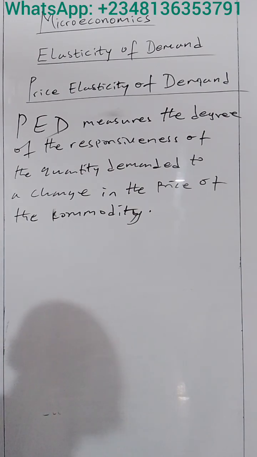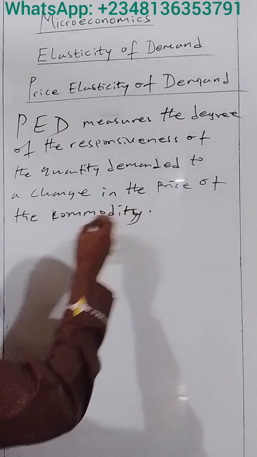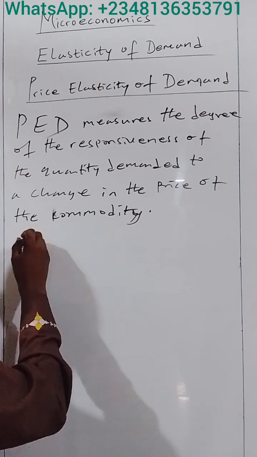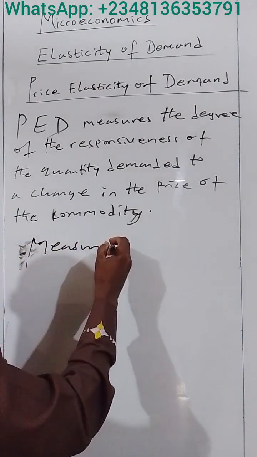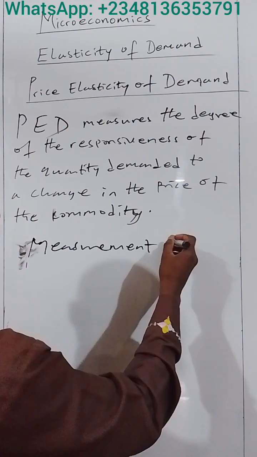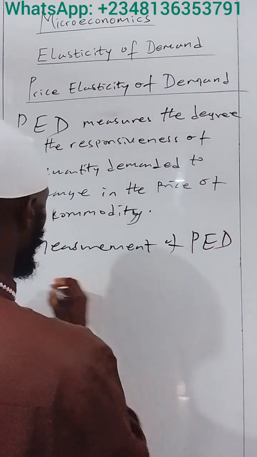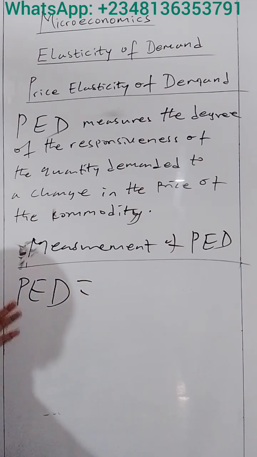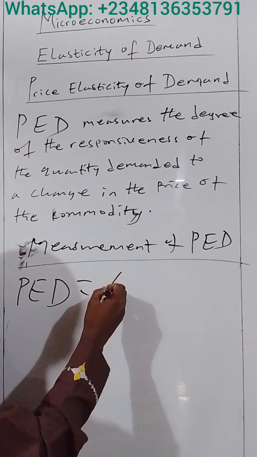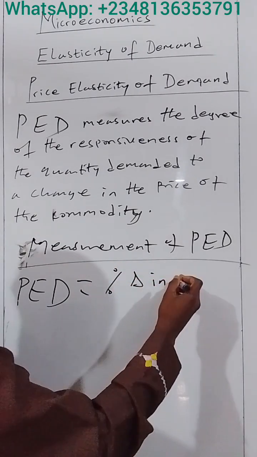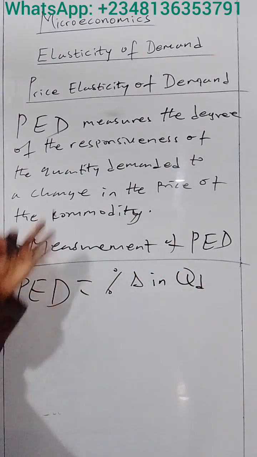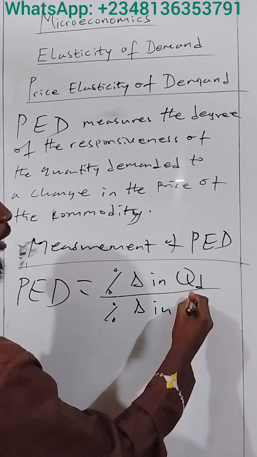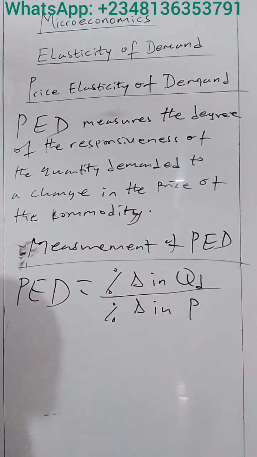Okay? The formula of the measurement of price elasticity of demand: PED is simply equal to the percentage change in quantity demanded for the commodity in question divided by the percentage change in the price of the commodity itself.